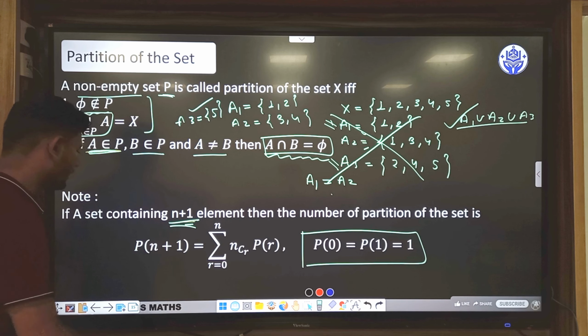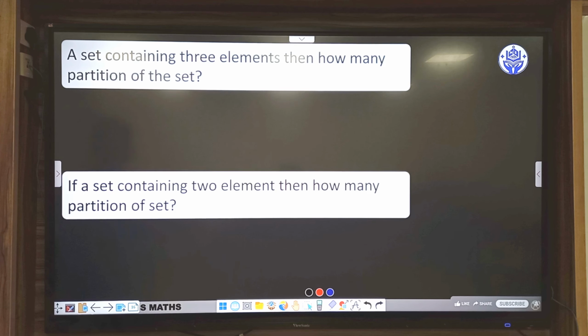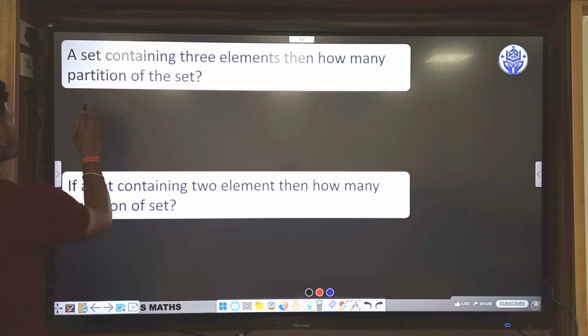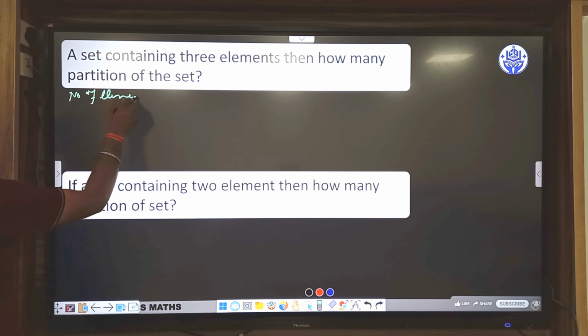Then we can find the partitions for any number of elements. Let's say P(n+1) means a set containing n plus 1 elements. We'll take an example: a set containing 3 elements, how many partitions of the set? The number of elements is 3, so n plus 1 equals 3, which means n equals 2.